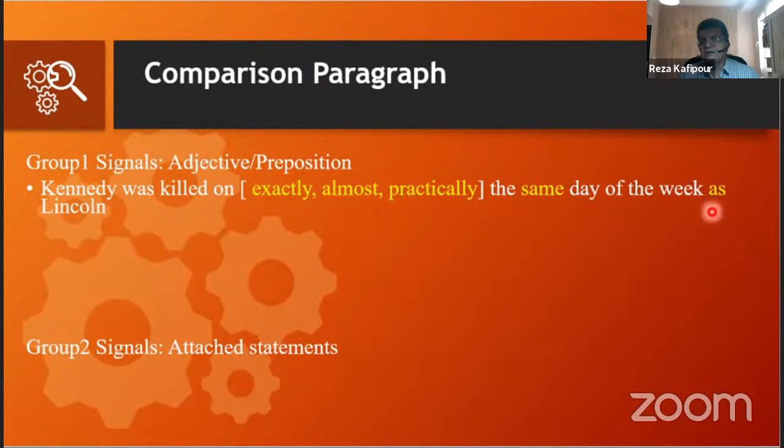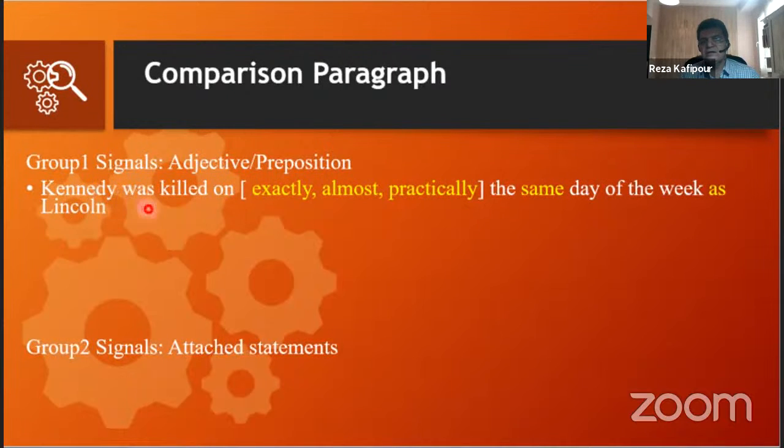a preposition. So if we want to, let's say, write a sentence talking about similarities between Kennedy and Lincoln as two US presidents, for example, we should write it in this way. We are going to discuss this point, that both presidents were killed on the same day of the week.